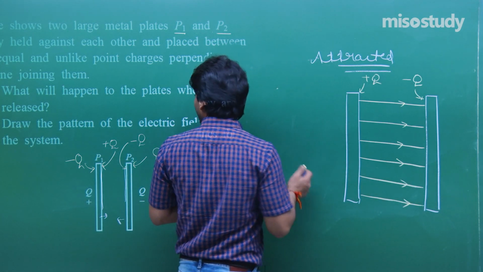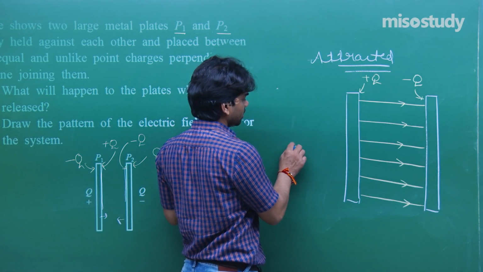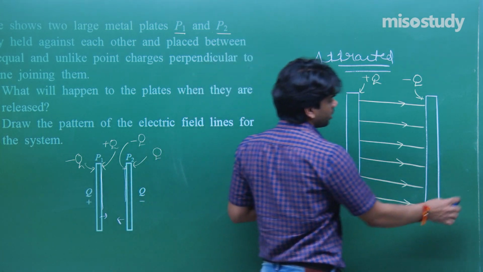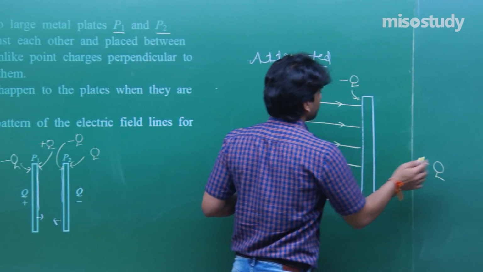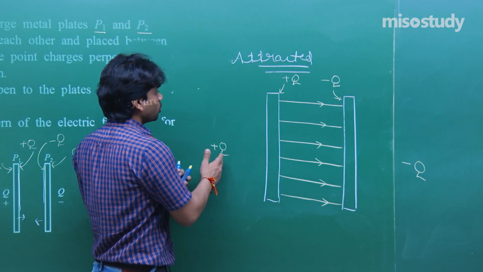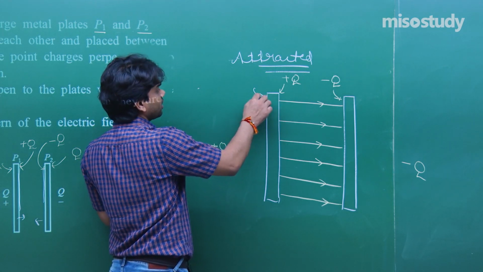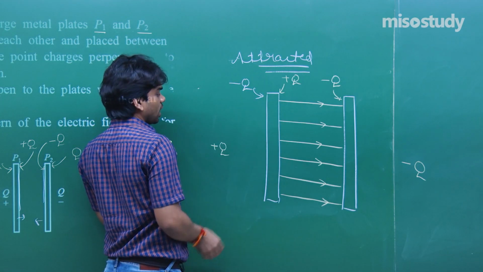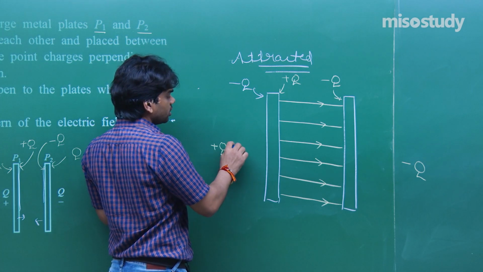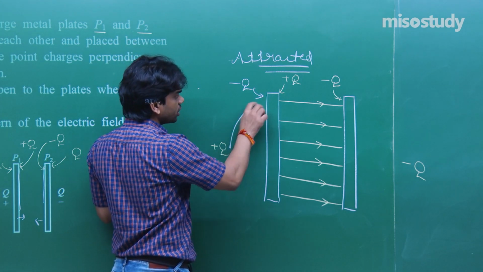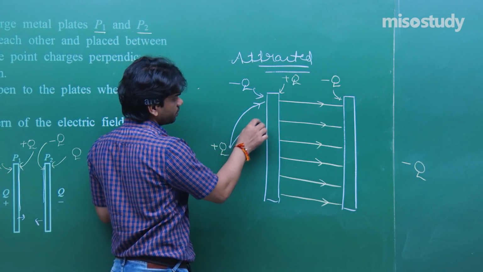Drawn. Now here I had plus q charge, it was placed here, and minus q charge was placed here. Try to understand, plus q charge was here, and here we had minus q charge induced, since it's a point charge. So you have to draw very cautiously the field lines in this way.